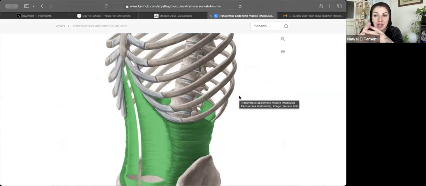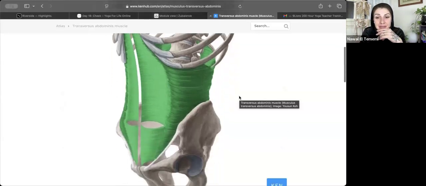This is what we're squeezing. If I go on my exhale, I do shh and tighten. This is the transverse abdominis. So we have rectus abdominis running straight down, most superficial, external obliques, because they're more external than these ones, transverse abdominis, and they wrap all the way around.